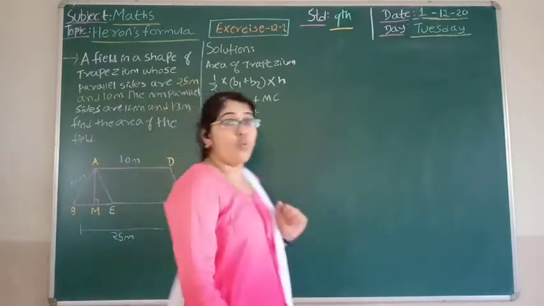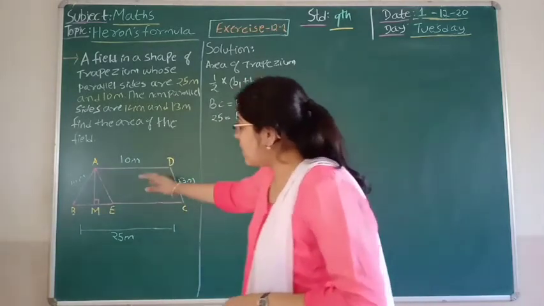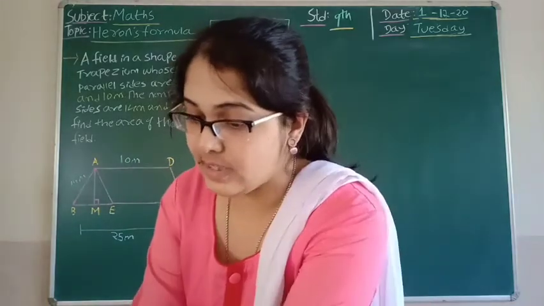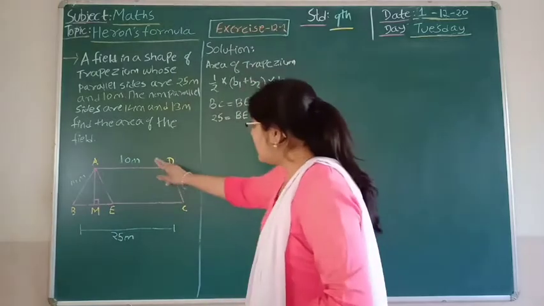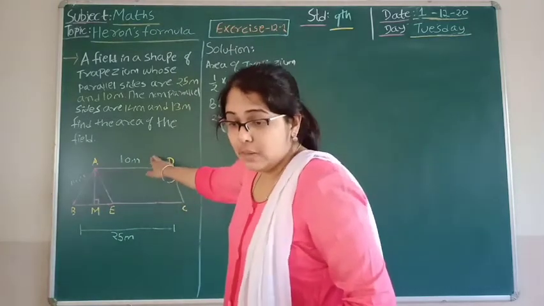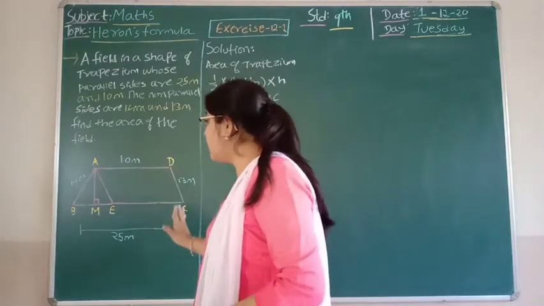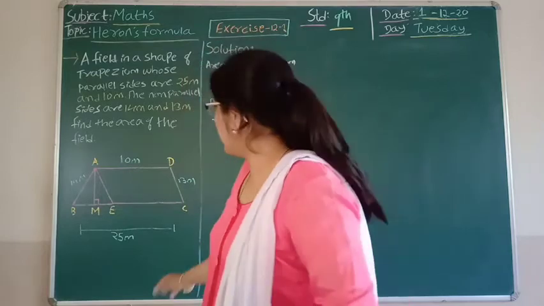Students, we can see two sides over here. If this is 10 meter, this will be 10 meter, because AD is parallel to BC, and on that basis AD is equal to EC.